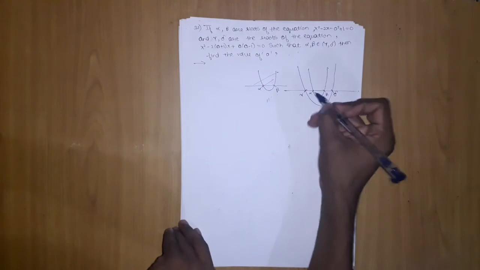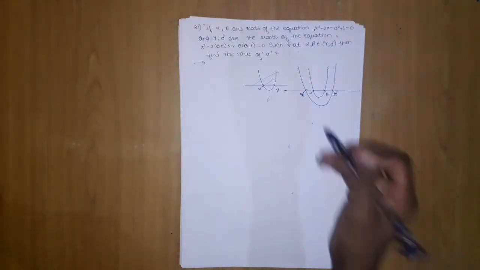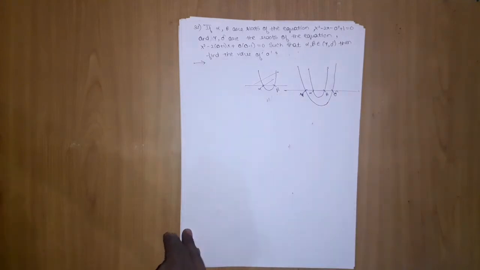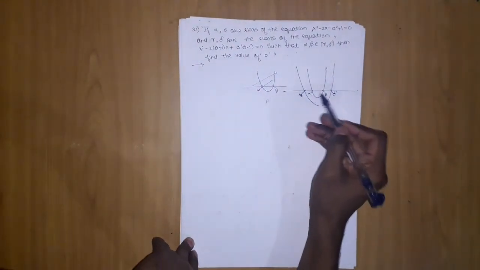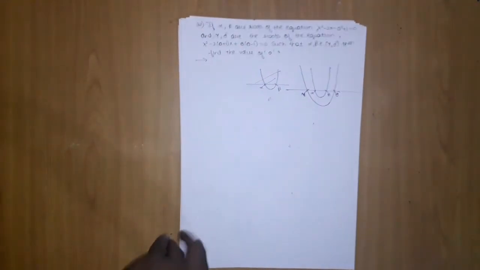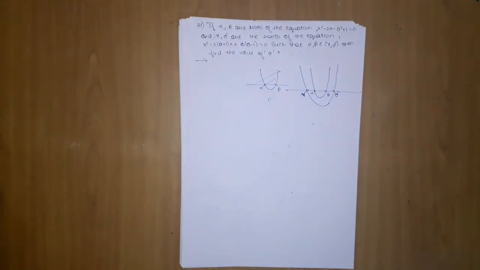Are you understanding what I am telling? So you can see what the condition is. We will apply the simplest condition possible, that f of alpha and f of beta should be less than 0. If I apply this, these two separate conditions will give us a range. Okay guys, so let's do this.